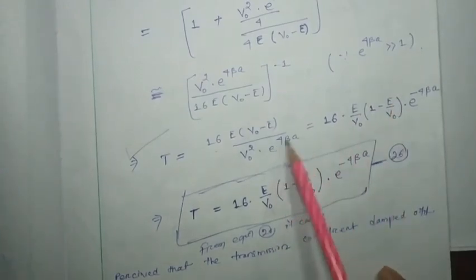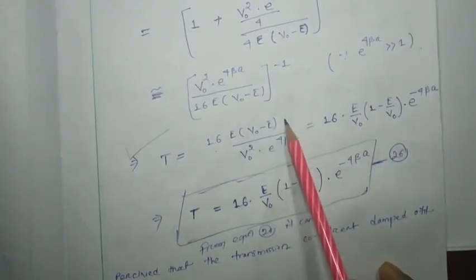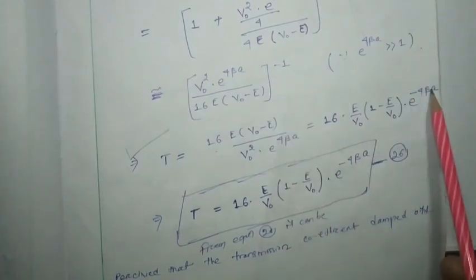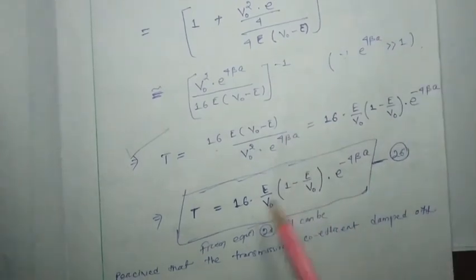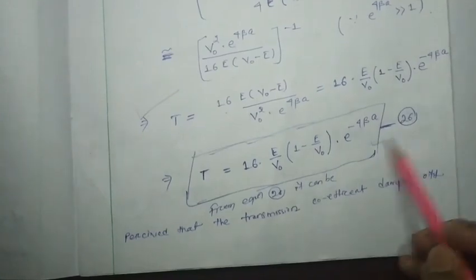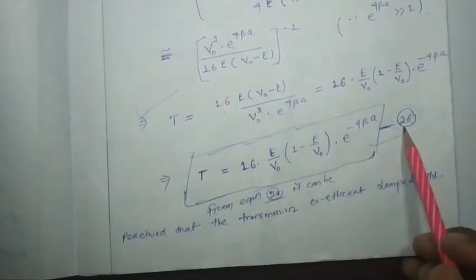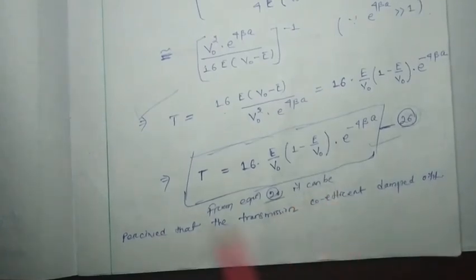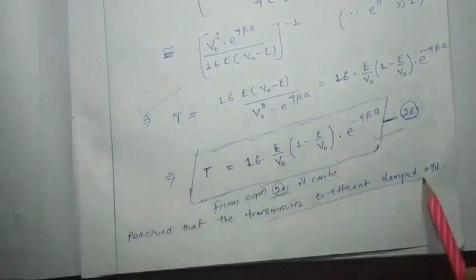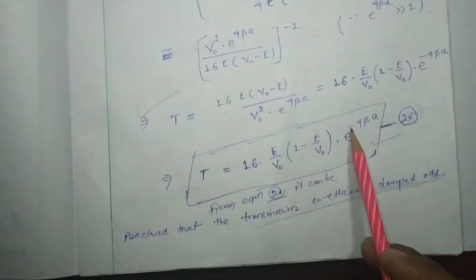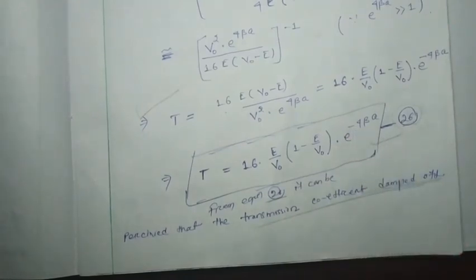Here e to the power 4βa can go to the numerator, it will be e to the minus 4βa. So the transmission coefficient we got is this one, let it be equation number 26. From this equation 26, it can be perceived that the transmission coefficient is damped off. Damped off means it is continuously decreasing.